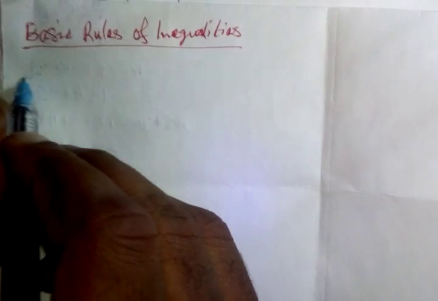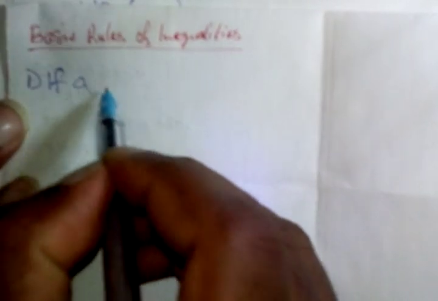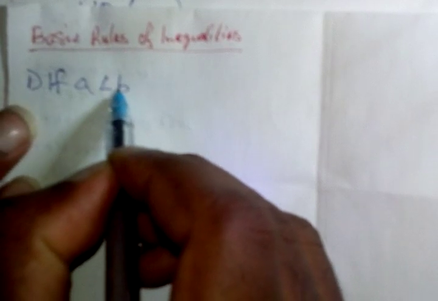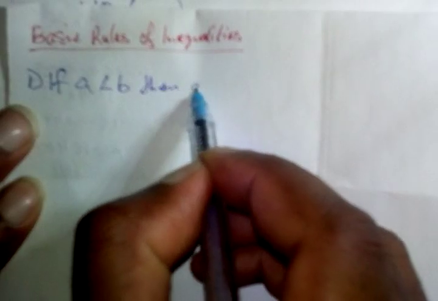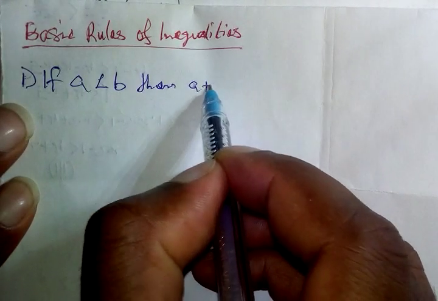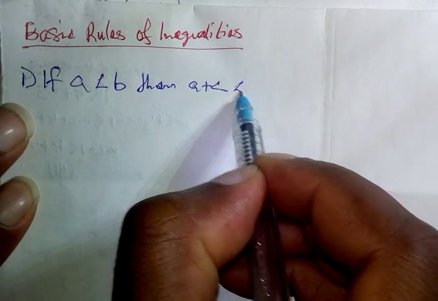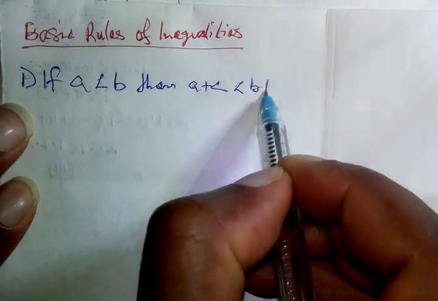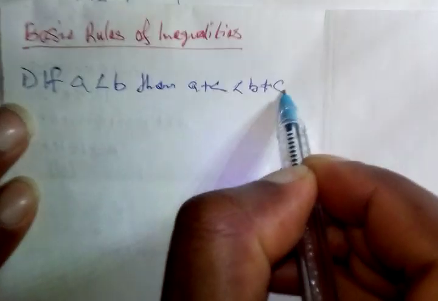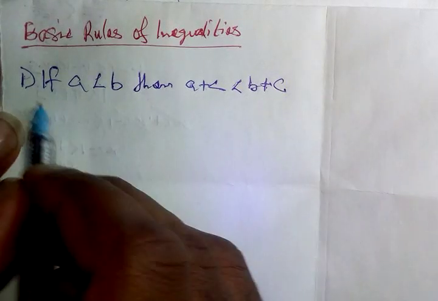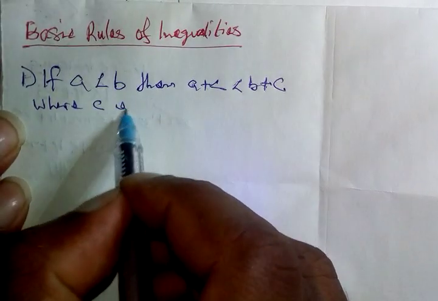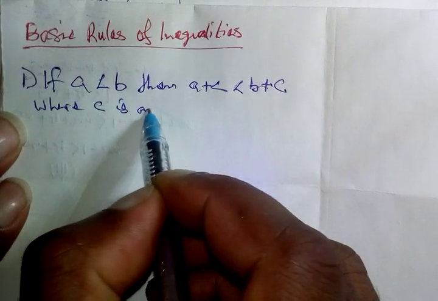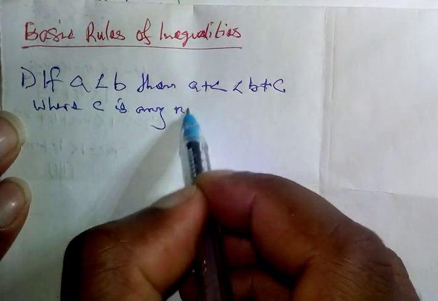Rule number 1. If A is less than B, then A plus C is still less than B plus C, where C is any number.